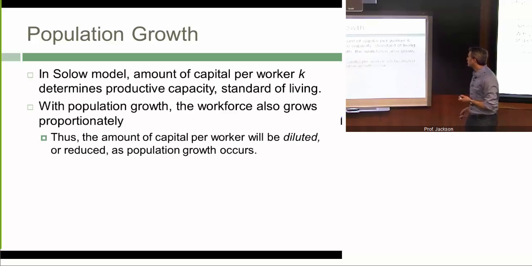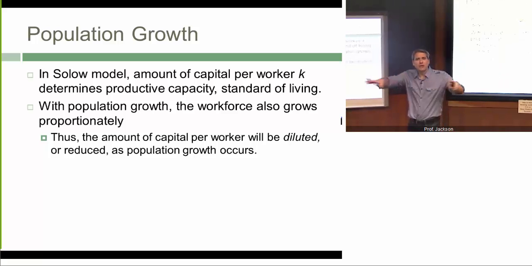And so the implication there is that as the workforce grows, holding everything else constant, that's going to be diluting the amount of capital that each worker has. So if the workforce is growing more rapidly with a given level of capital, that's going to be spreading an existing capital stock out over more workers, and therefore you're going to have less capital per worker.